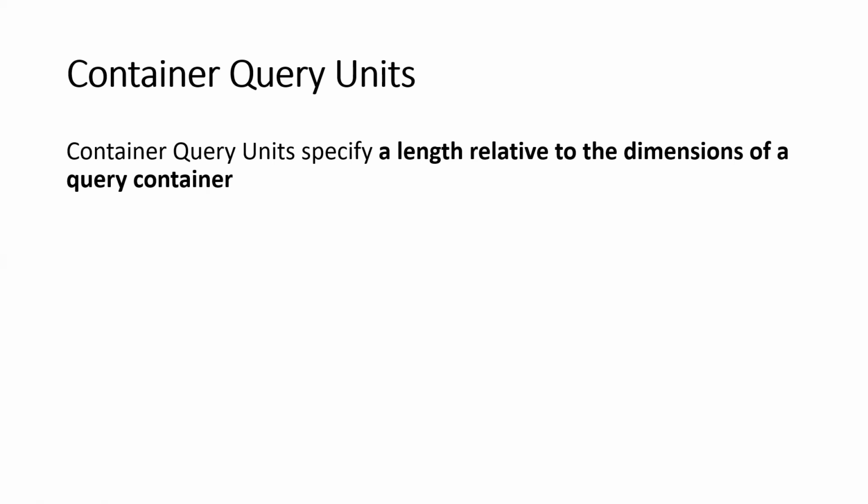This container is going to have a width. So we are trying to set a unit that specifies a length relative to the dimensions of the query container. This is similar to viewport units, like 1vw, 2vw, which is 1% of the viewport, 2% of the viewport, just like that.